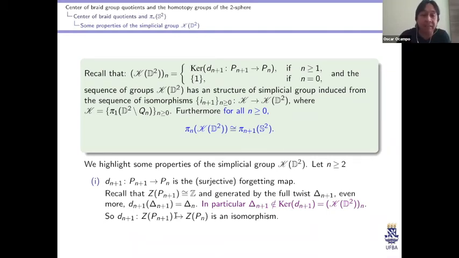In fact, when we project, we forget the last string, a full twist goes to the full twist. So this d_{n+1} is in fact an isomorphism. And of course, the full twist doesn't belong to the kernel of d_{n+1}. This is really important for the third condition.